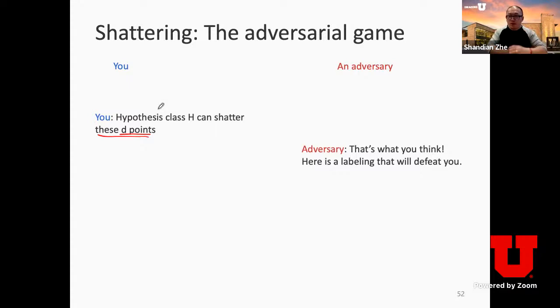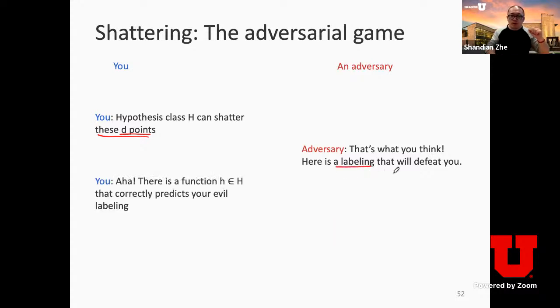And the adversary says, okay, that is what you think. Here, I'm going to challenge you with a particular labeling scheme. Then I'm going to search over my hypothesis space, and I find a particular function h that can predict all your evil labeling.